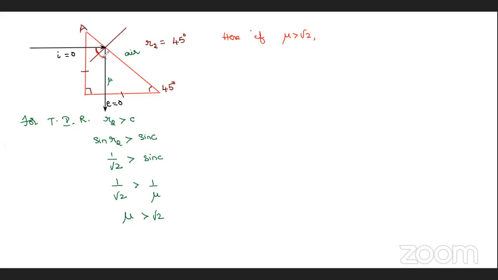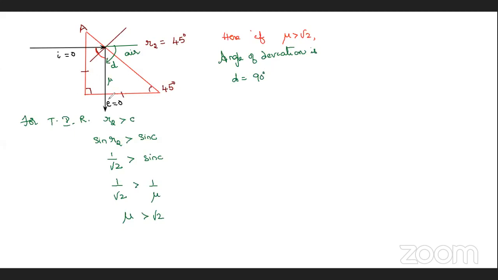The deviation is 90 degrees. Instead of going straight, it came down, and this is the angle of deviation. So the angle of deviation here is 90 degrees, D equals 90 degrees.